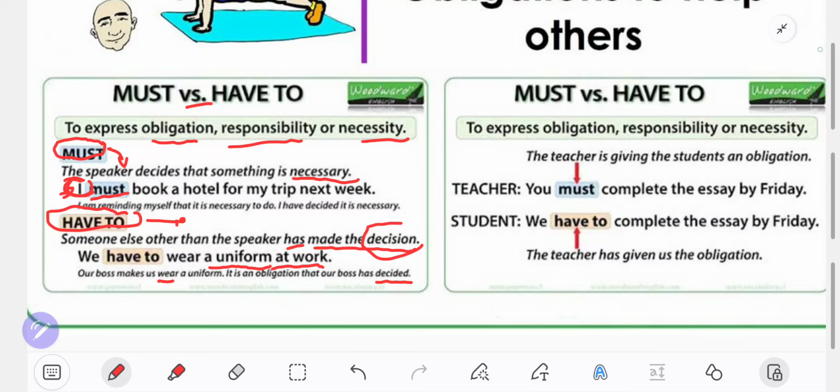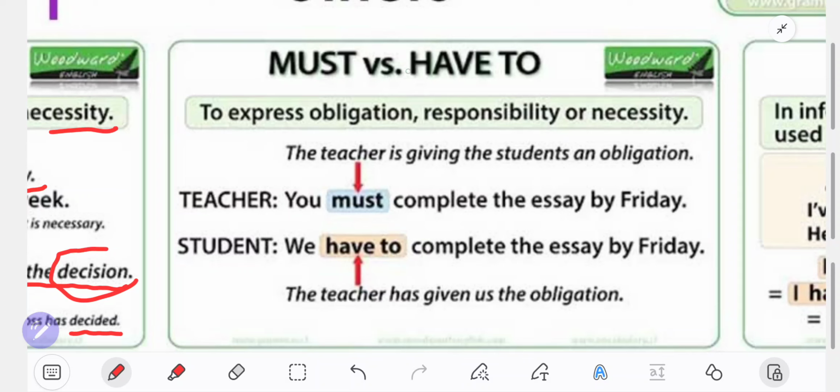You can see on this table the details about the difference between must and have to. Must versus have to express obligation, responsibility, or necessity.